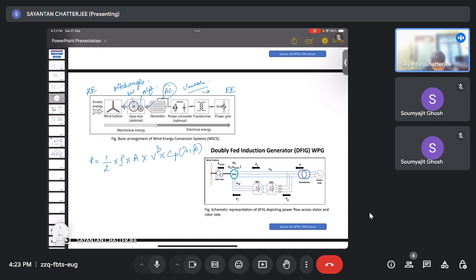This power can be controlled by utilizing the pitch angle.